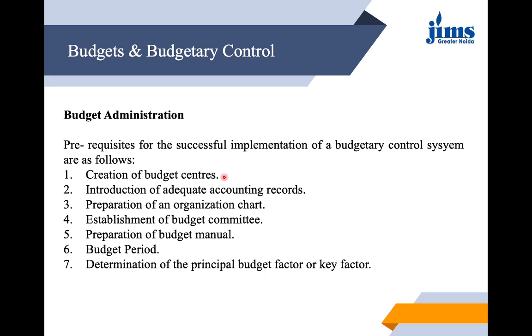A budget center is a section of the organization of an undertaking for which a separate budget is being prepared. A budget center may be a department or a part thereof. A budget center must be clearly defined because a separate budget has to be set for each center with the help of the head of the department concerned. For example, for preparation of the purchase budget, the purchase manager has to be consulted.